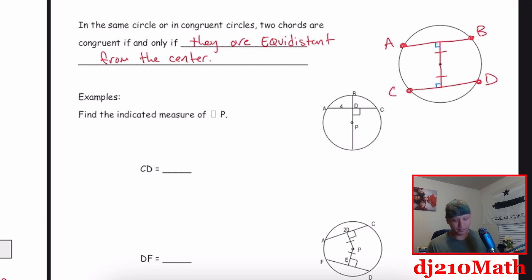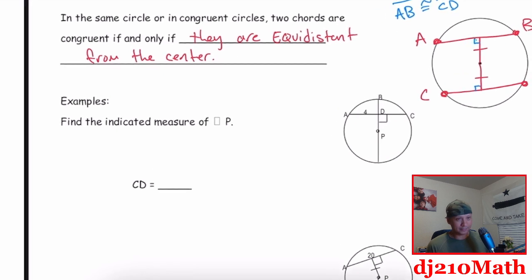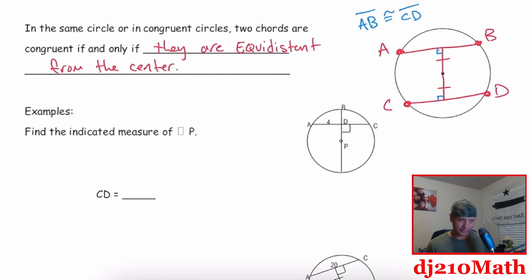So it has to be a right angle, basically. Okay, so if that's the case, then AB is congruent to CD if they're equidistant. All right. So that's the last little topic. So now let's see some examples and then we'll be done.